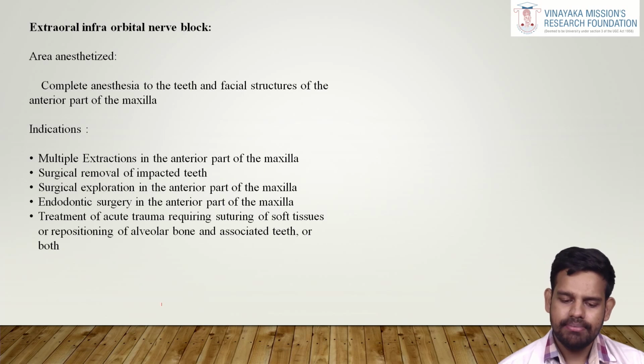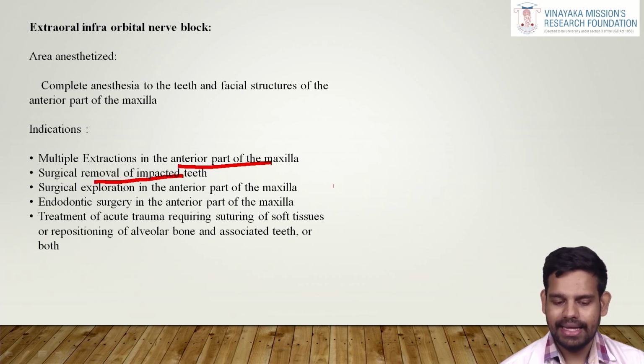Indications are when multiple extraction is required in the anterior part of the maxilla, or surgical removal of impacted teeth, especially the impacted canine, surgical exploration of the anterior part of the maxilla, endodontic surgery in the anterior part of the maxilla, and treatment of acute trauma requiring suturing of soft tissue or repositioning of the alveolar bone and associated teeth or bone.